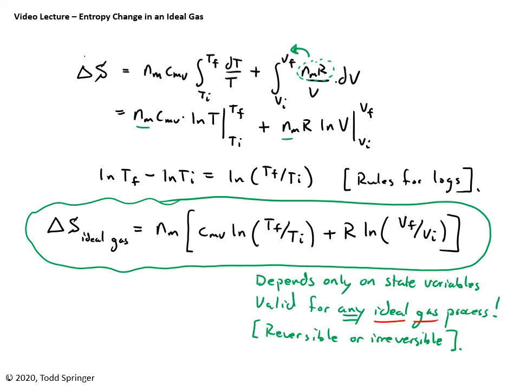A common mistake that students make is sometimes they use this for liquids or solids. A dead giveaway that you can't use that for liquids or solids is the presence of R. R is called the universal gas constant. So if any formula has R in it, the universal gas constant, it's only valid for a gas, not for a liquid or a solid.